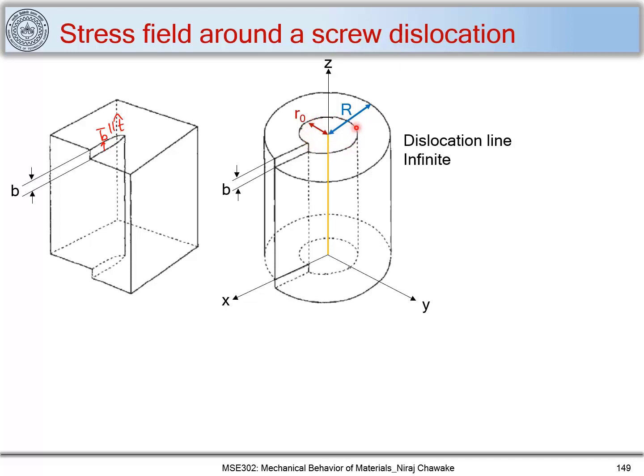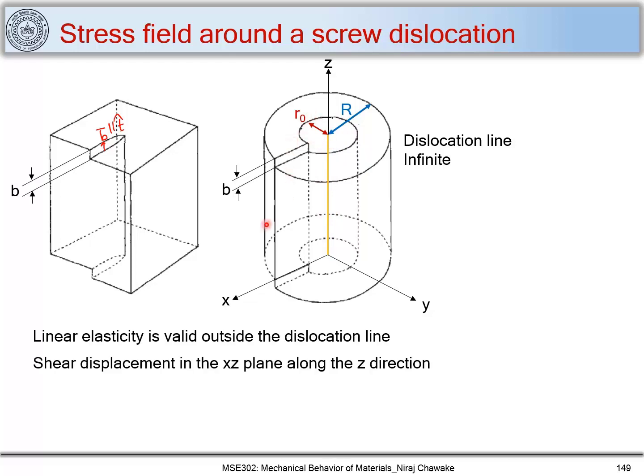I call this region the core of the dislocation, marked by R0, and this will be the length of the crystal, that is capital R. Now you can see that linear elasticity is valid outside the dislocation line. So only away from the dislocation line will linear elasticity be valid, and thus we will be calculating the stress field not at the core or near the dislocation line, but away from it.